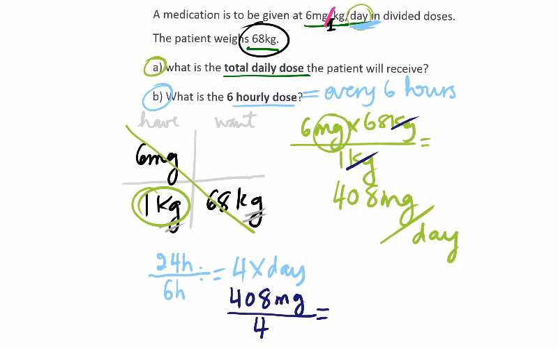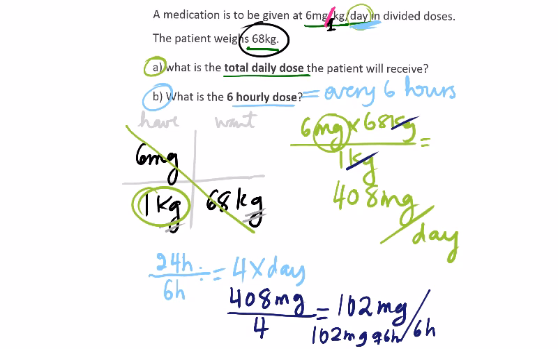Of course, you can always use the calculator, but it is nice to be able to do those mental calcs. So 102 milligrams every 6 hours, or per dose, we could say. We could probably even write it as 102 milligrams every 6 hours.